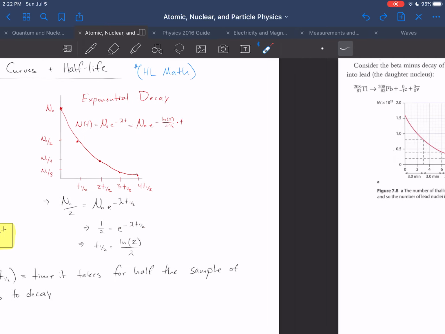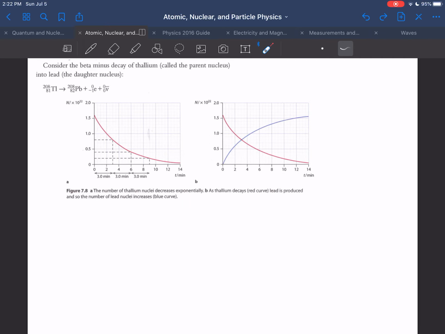Now, what SL physics will need to do in analyzing radioactive decay is simply to be comfortable with the idea of using multiple integer numbers of half-lives to predict a result. So if I tell you that 3 half-lives or 4 half-lives have passed, you should be able to predict the number of particles at that point.